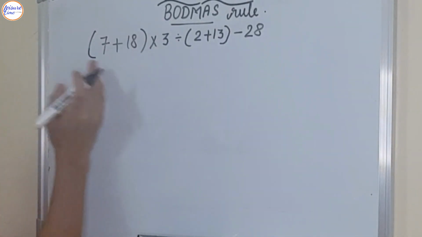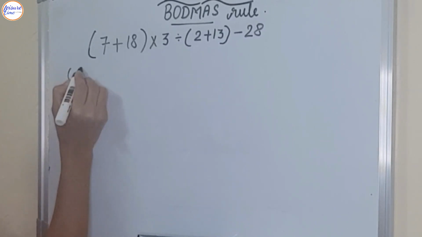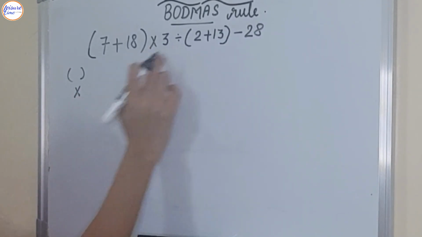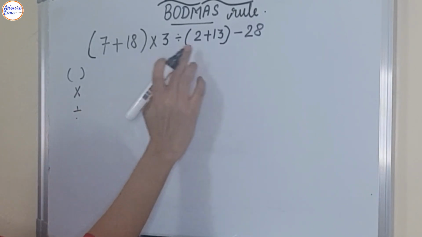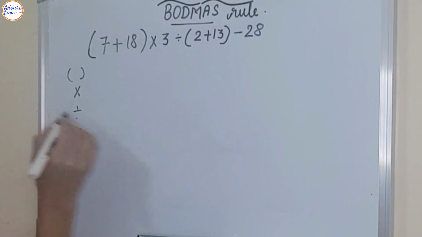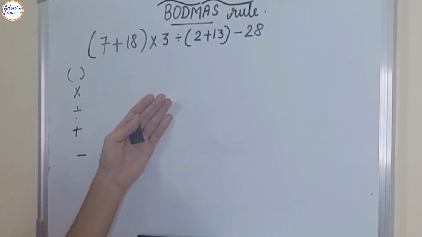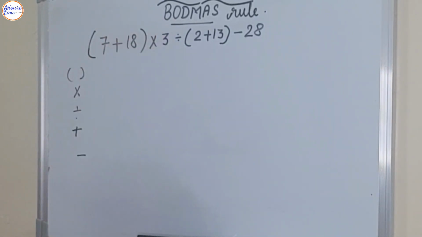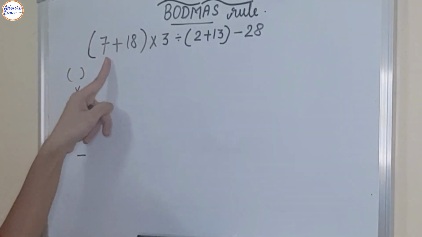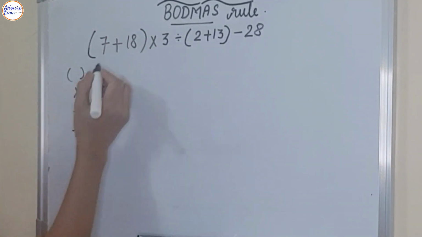Now you can write by the side here: the first operation is brackets, then multiplication, then division, then addition, then subtraction. As you know, according to the BODMAS rule, first come brackets. So you will solve the bracket first.